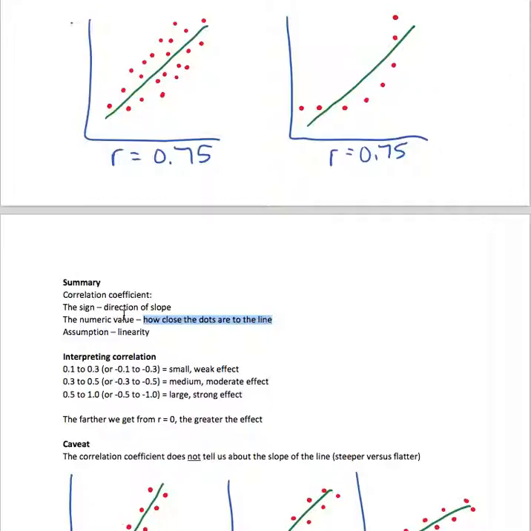If the dots are spread out more, like a bigger cloud, like a partially inflated beach ball, then the numeric value of the correlation coefficient will be closer to 0. And that assumption is that we need to have something that's linear. So we have the assumption of linearity here. Now, I'd like to show you something that will help you to interpret what the actual number means.